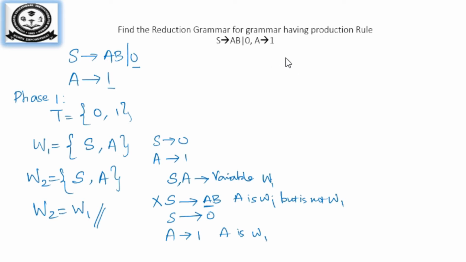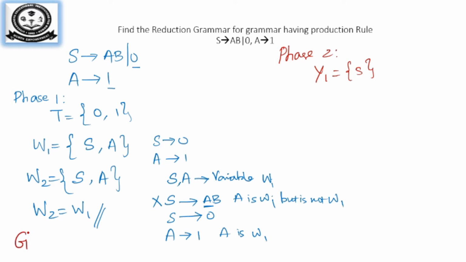Now what is phase 2? In phase 2, we will create a new set called Y1 with the start symbol. Before going to phase 2, what is the context free grammar that is derived from G?